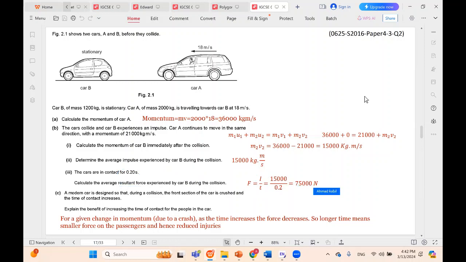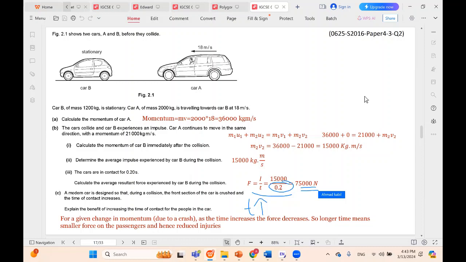In C, we are told a modern car is designed so that during the collision, the front section of the car is crushed and the time of contact increases. Explain the benefit of increasing the time of contact for the people in the car. The benefit comes from this equation here. If we increase the time of contact, then the force will decrease.